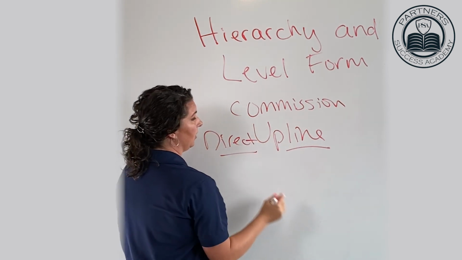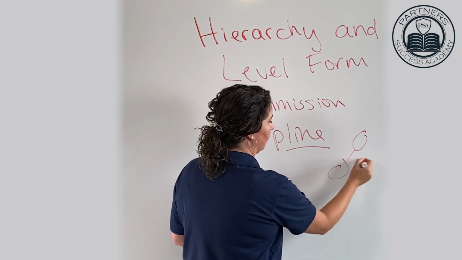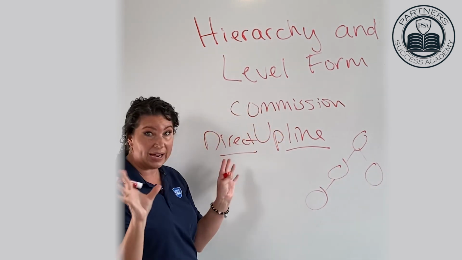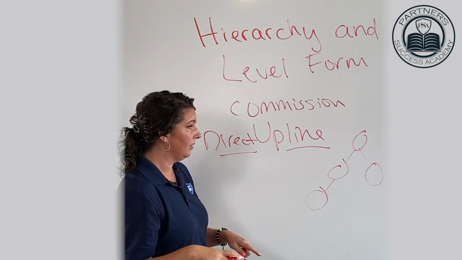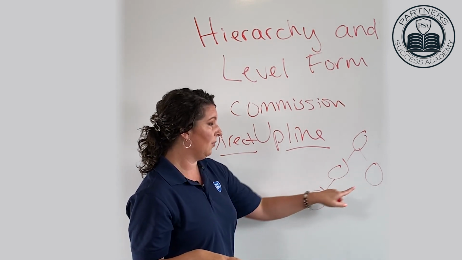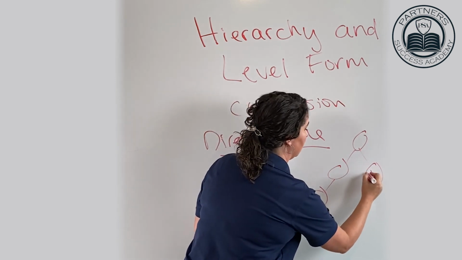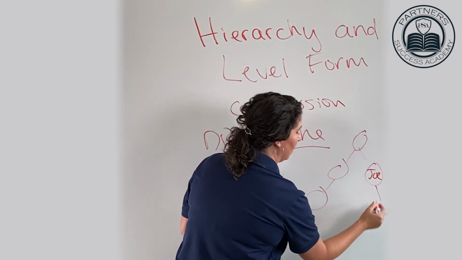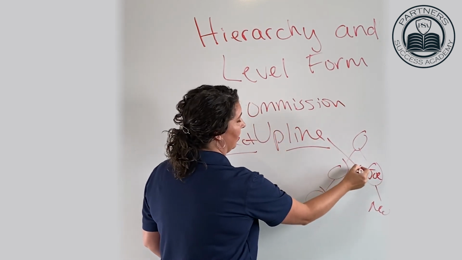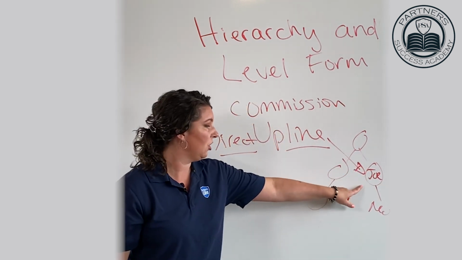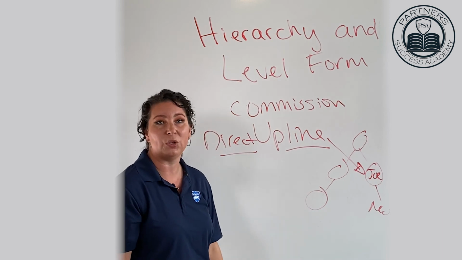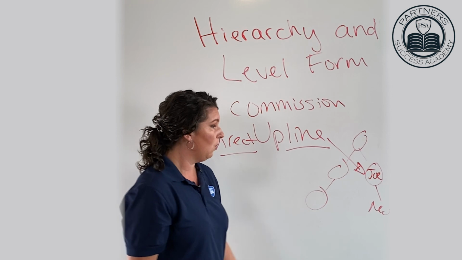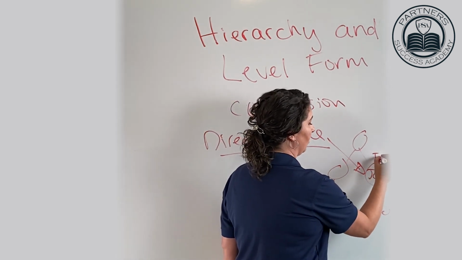So if this is the new agent and you want them right here, and this is Joe, you have to list Joe as the direct upline if you want Joe to be receiving an override on the new agent.